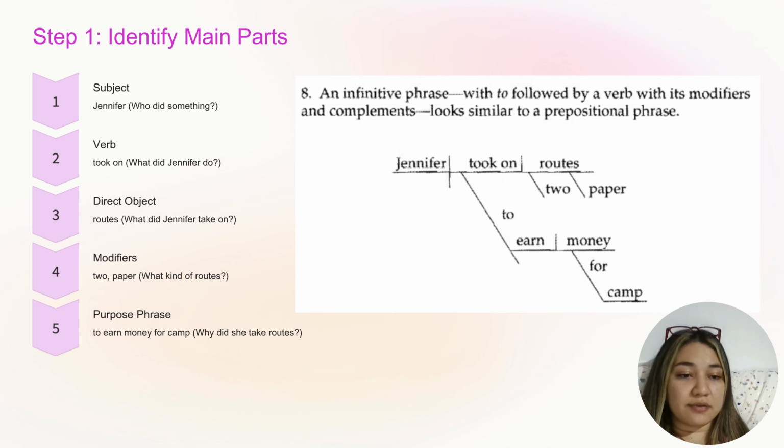What kind of routes: these words modify the word routes. And we have the purpose phrase that I said, to earn money for camp. Why did she take routes? This is extra detail, right? We are going to write it on a diagonal line from the verb because it's extra information, right?